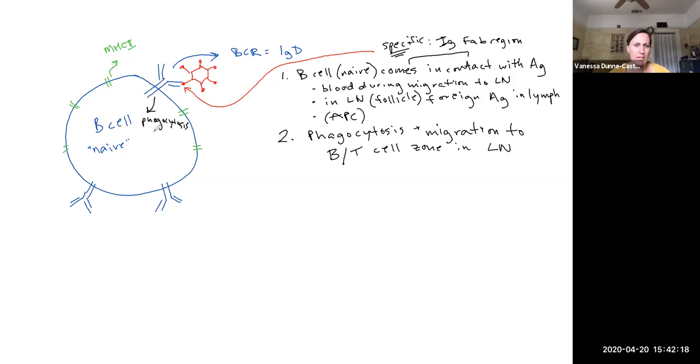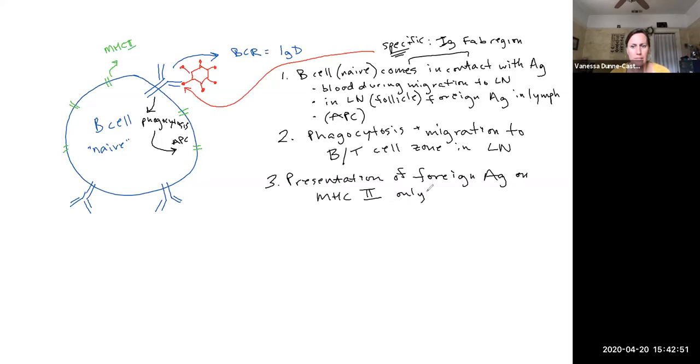And then remember, at the end of the phagocytosis, this guy now becomes an antigen presenting cell and presents foreign antigen: phagocytosis, migration to the B and T cell zone, and presentation of foreign antigen on MHC class 2 only. This does not cross-present, does not cross-present.